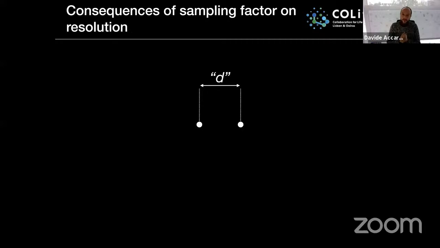In spite of the information collected by the objective, we can actually completely kill the optical resolution that our lens gives us if we do the incorrect digital sampling.